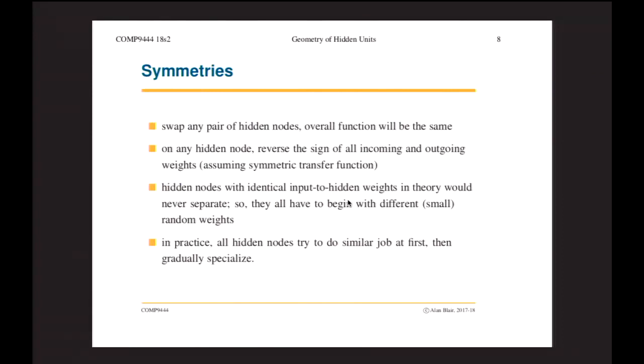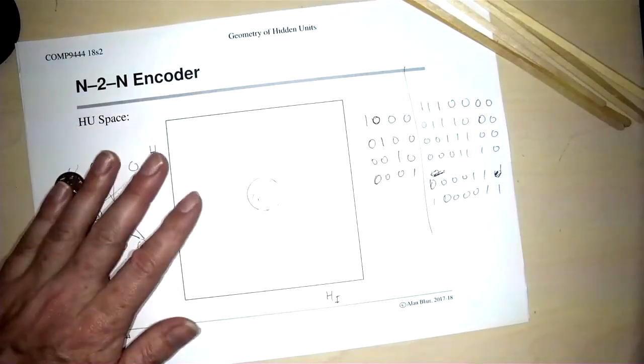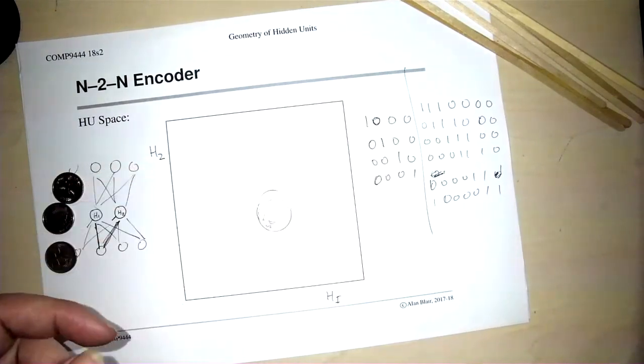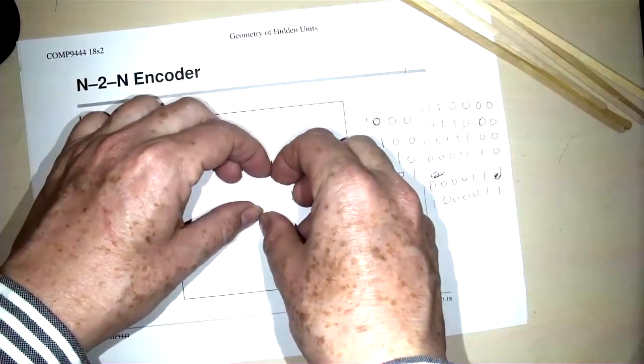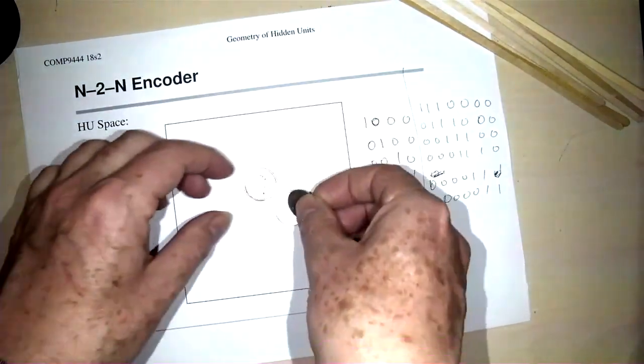So if we look at that encoder task and you actually train the network, I should actually try to generate a proper video of this, but let me just demonstrate what would happen. All of these points start out very close to the middle, and then after you train, what actually happens is they'll sort of split into clusters.